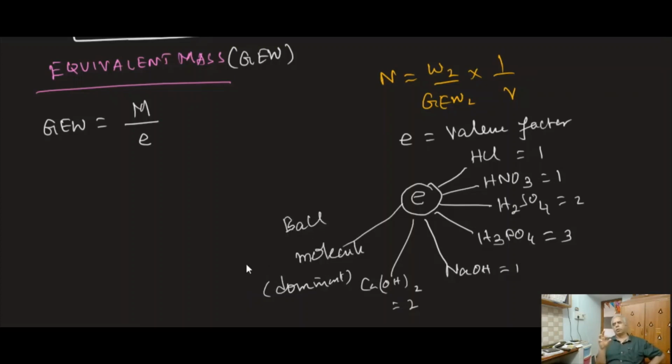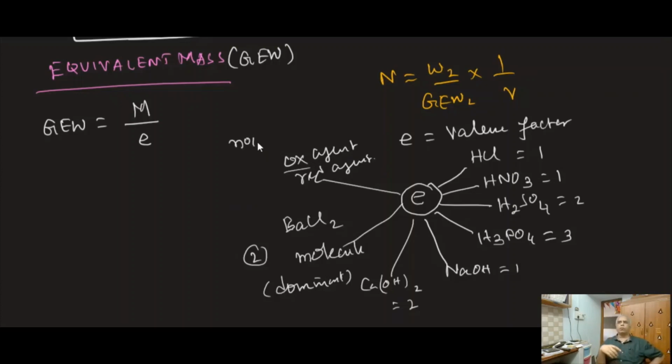For instance, calcium chloride or barium chloride. Barium has dominant valency 2, chlorine has 1. So which should be taken? 2 should be taken, so 2 should be considered as the valency factor. So when you are asked to find the gram equivalent mass of barium chloride, what you are supposed to do? Molar mass of barium chloride divided by 2.